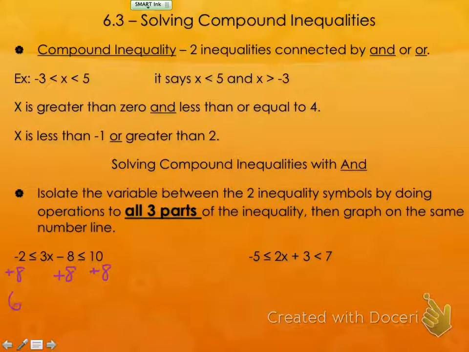So I've got 6 is less than or equal to 3x, which is less than or equal to 18. Then to get x all the way by itself, divide everything by 3, including the left and the right side. So my answer is 2 is less than or equal to x, which is less than or equal to 6.